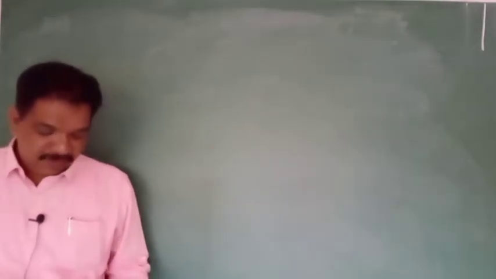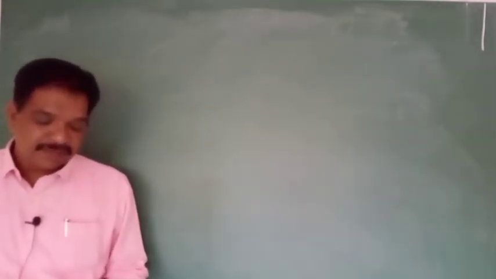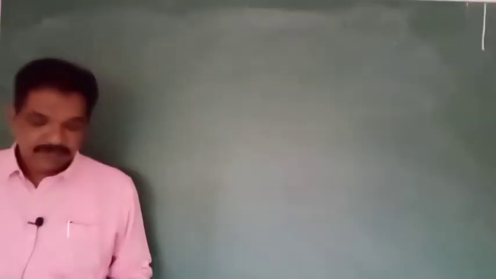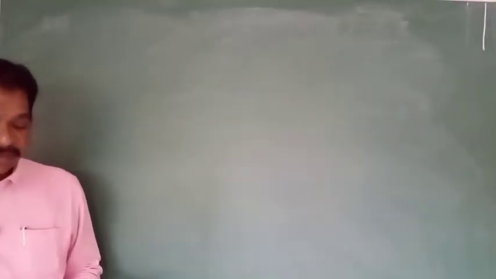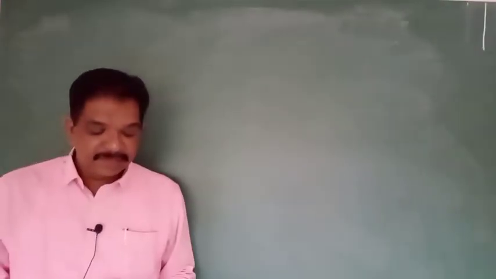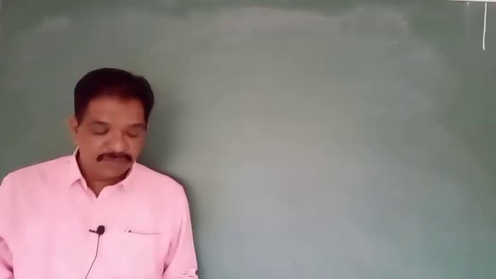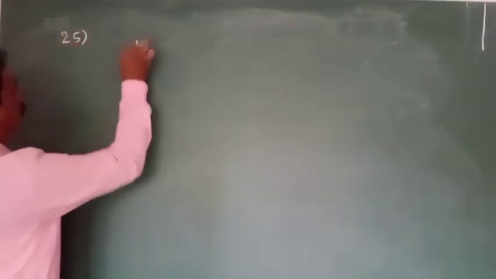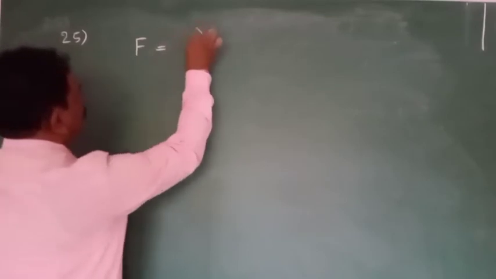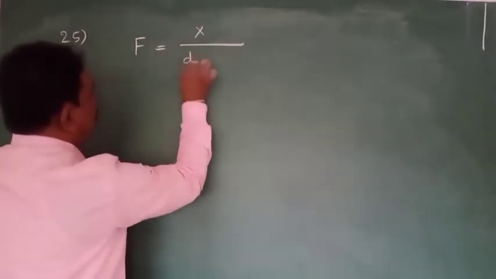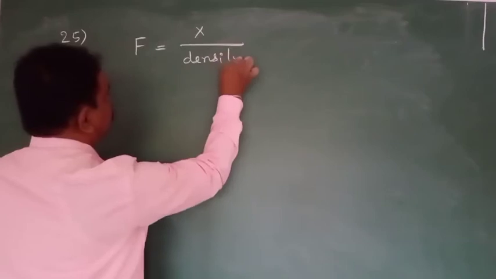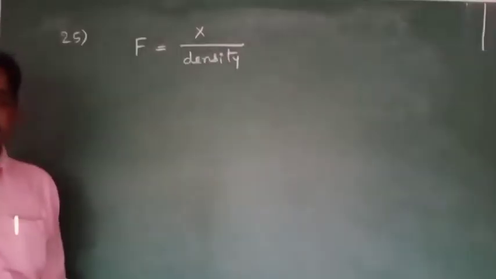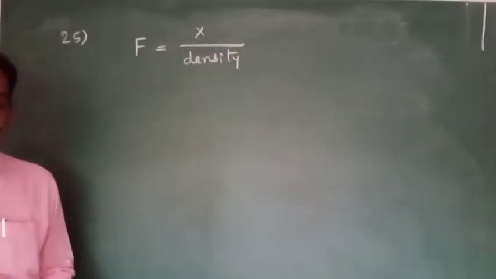Next, after this, 25, what they are asking: the dimensions of the physical quantity x in the equation f is equal to x by density. What is the dimension of x? Simple only.